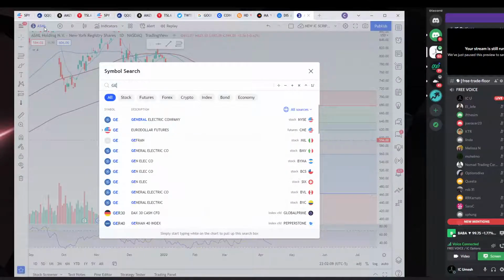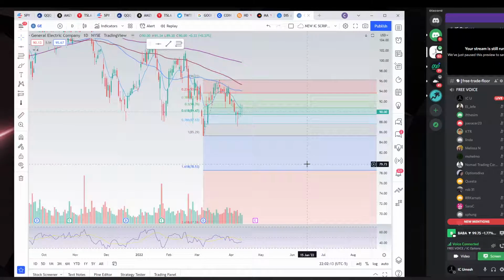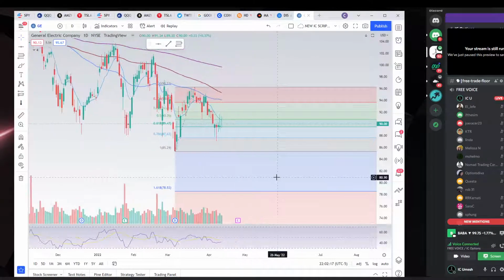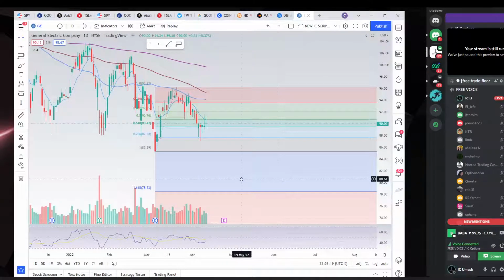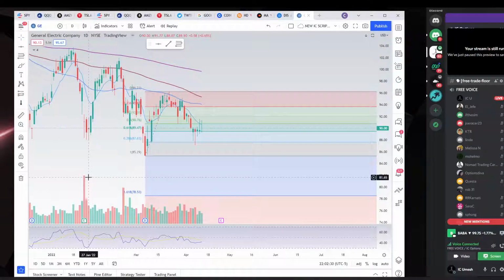GE. GE had some buying, I think yesterday if I'm not wrong. GE is holding on to this retracement level pretty well at this 89.47 area. So as long as this holds, it's good.